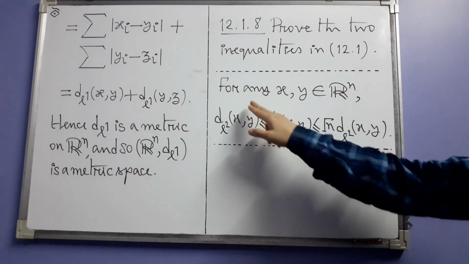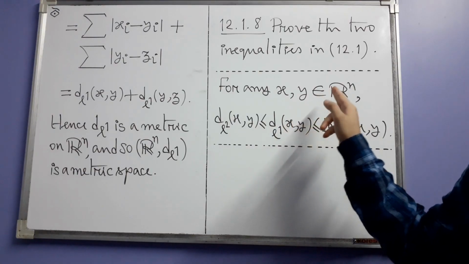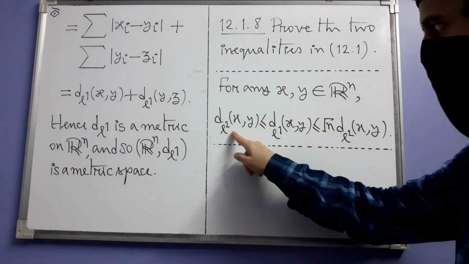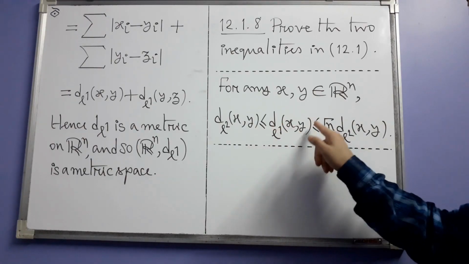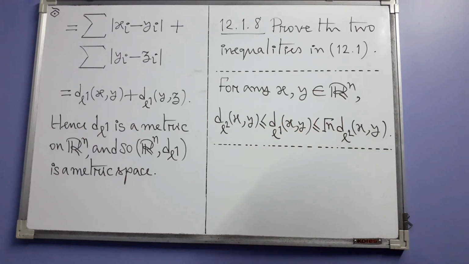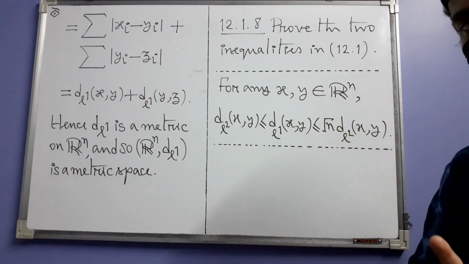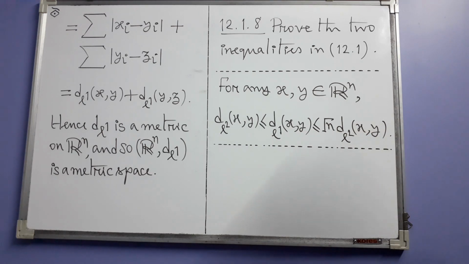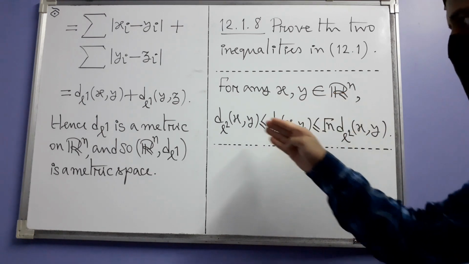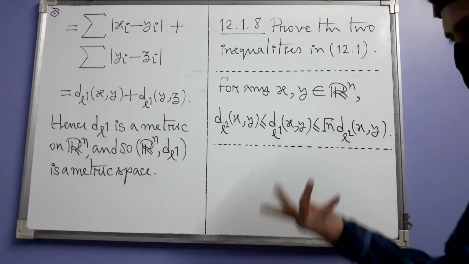So they are saying that for any two n tuples x and y from Rn, the dl2 distance between x and y is less than or equal to the dl1 distance between x and y, which in turn is less than or equal to the square root of n times the dl2 distance between x and y. So these inequalities relate the dl2 and dl1 metrics. So let's now prove them.